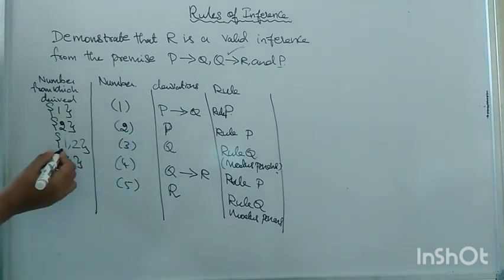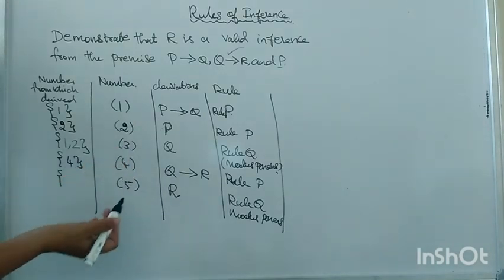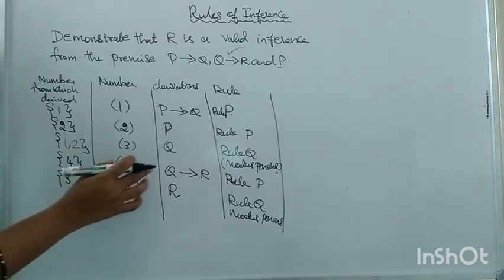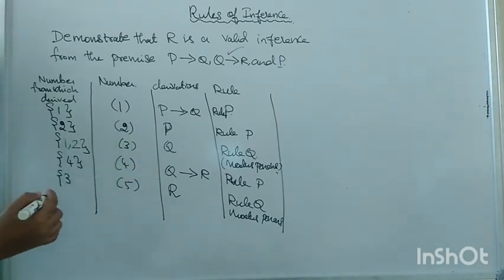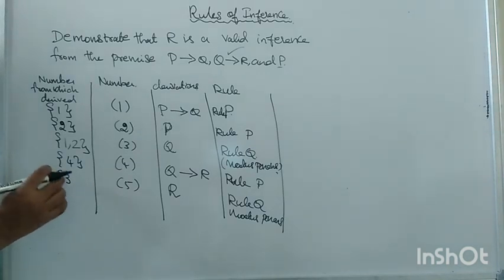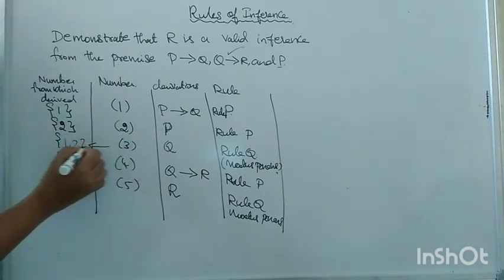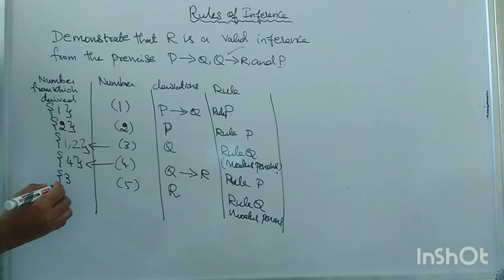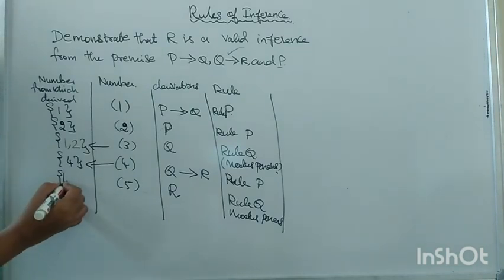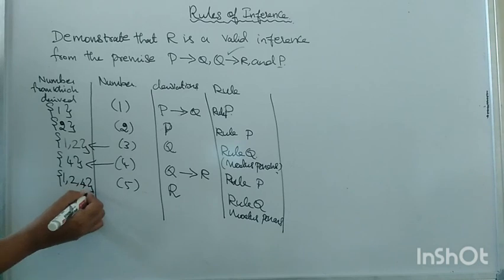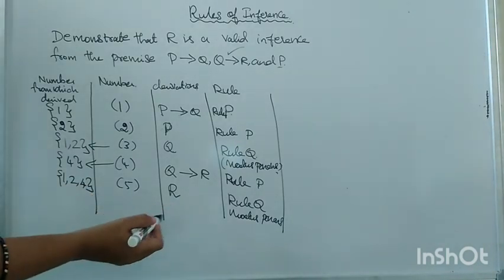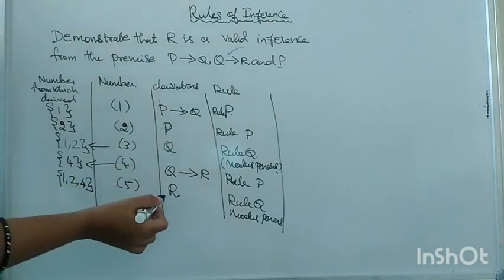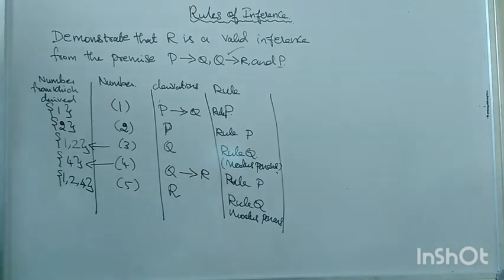Based on the derivations 3 and 4 only, we have derived 5. Here we have to write that 3 is based on 1 and 2, and 4 is based on 4 only. So we can write it as 1, 2, 4. So that's all. We have concluded that from these premises, R is a valid inference.